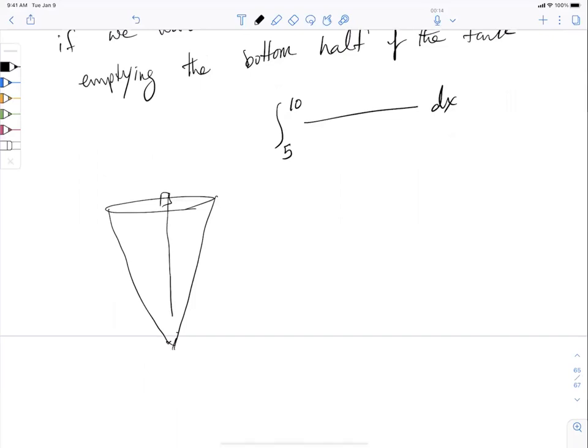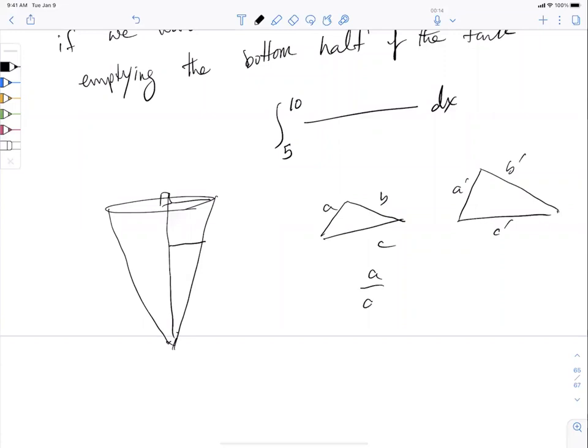But for this one, instead of using the Pythagorean theorem, and I'll let you look at the example, you have to use the law of similar triangles, Euclid's law. And remember, for similar triangles, if two triangles are similar, then the ratios of their sides, if this is A, B, C, and this is A prime, B prime, C prime, A to A prime, B to B prime, and C to C prime should stay constant.